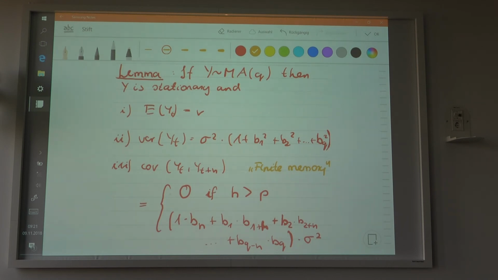So the memory is finite. This was not the case for the autoregressive processes, where the autocovariance will only approach 0. But this is just a general case, so that's not what we got here.